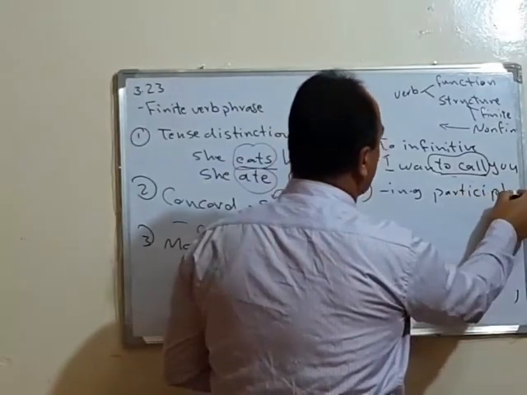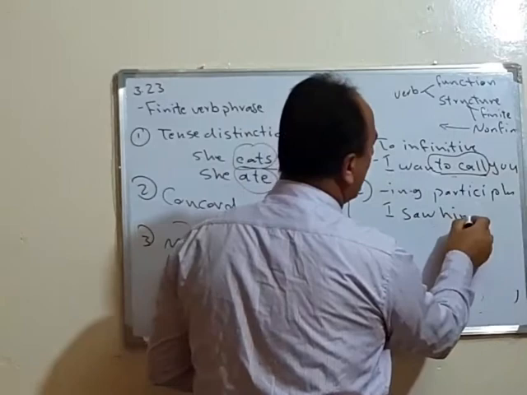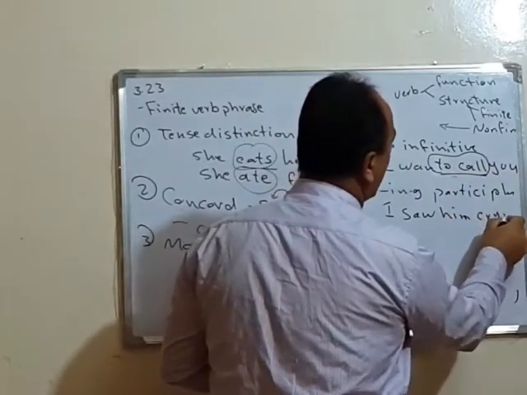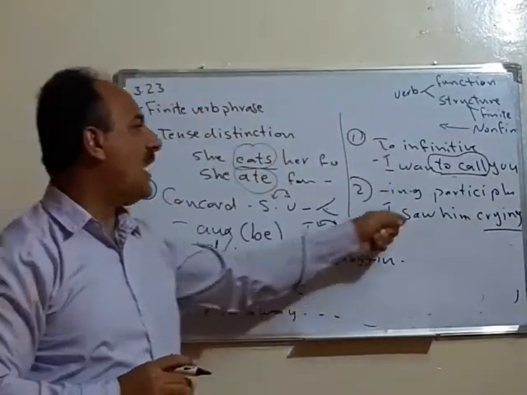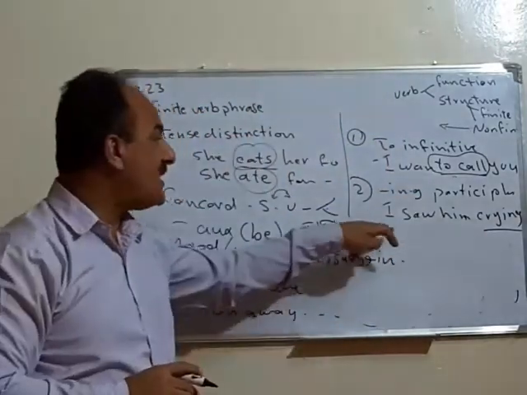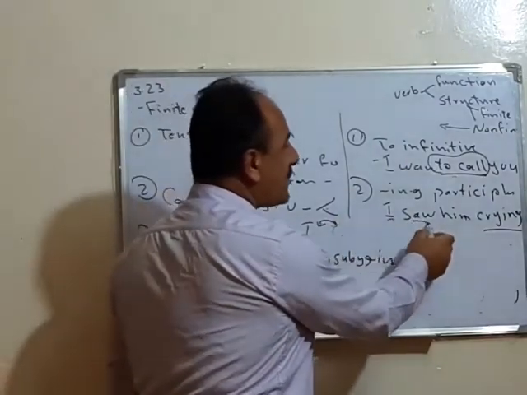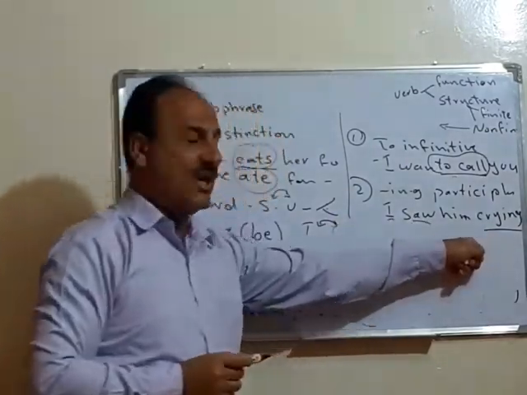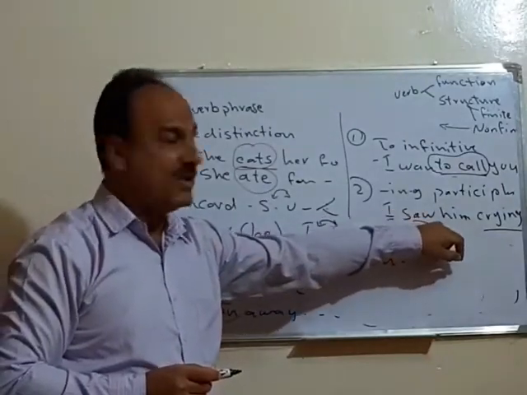Means, for example, I saw him, let's say, I saw him crying. See, crying here is what we call an ing participle. In this case, even if I change the subject, and also the verb, we do not change. For example, we say, mother saw her daughter crying.